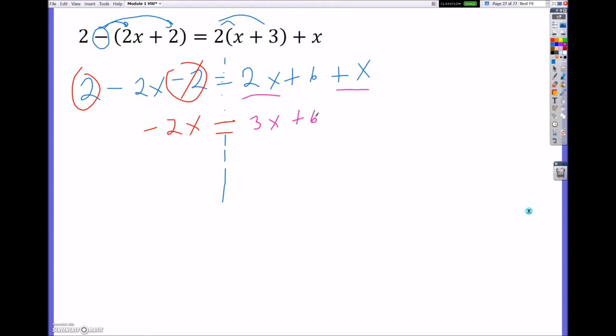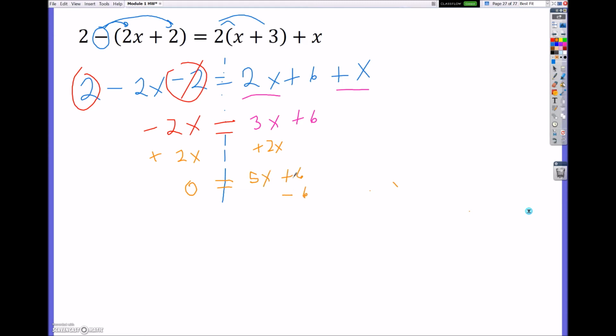And now we're going to isolate the variable. There's a few things we can do. We can subtract 3x or add 2x. I personally like dealing with positive variables, so I'm going to add 2x on both sides, which means I'm going to have 0, because there's nothing left on that side, is equal to 5x plus 6.